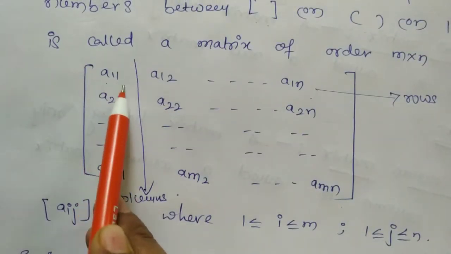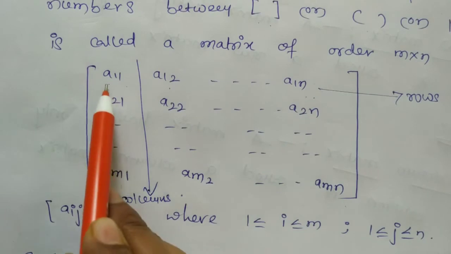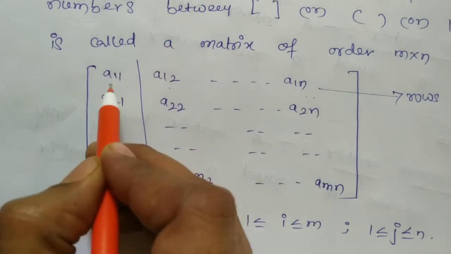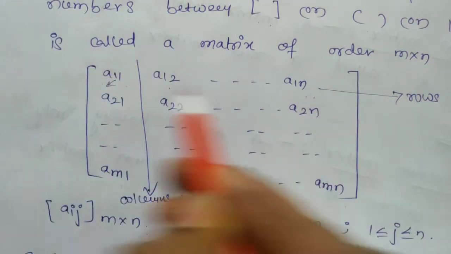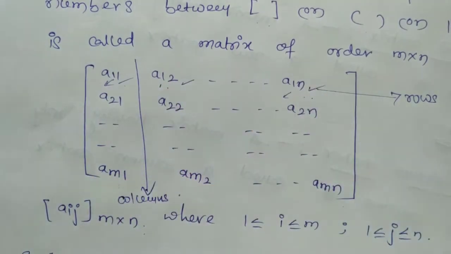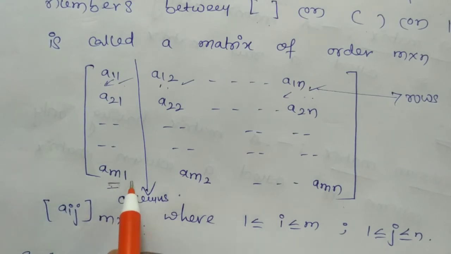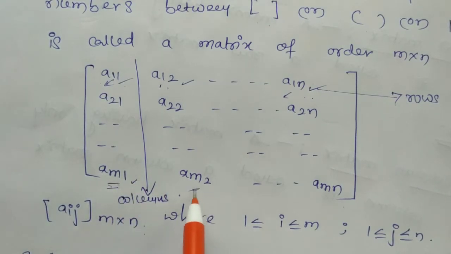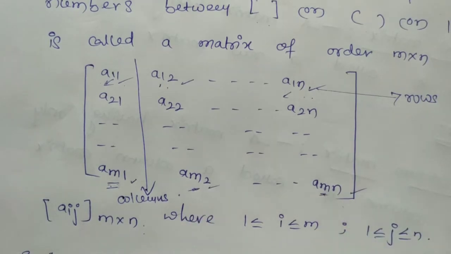Here a11, a12, up to a1n are the first row's first element, second element, and nth element. In the same way, the mth row has a m1, a m2, up to a mn. So this is the matrix formation.